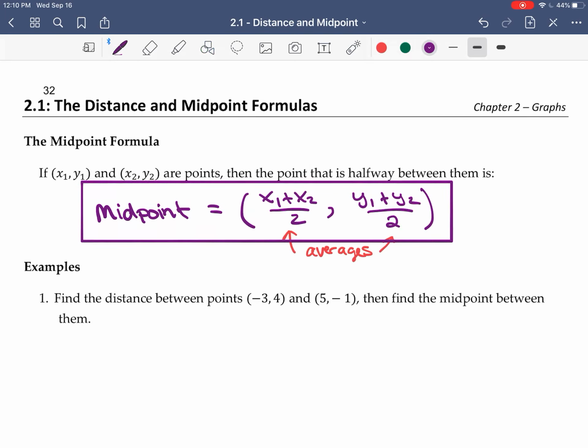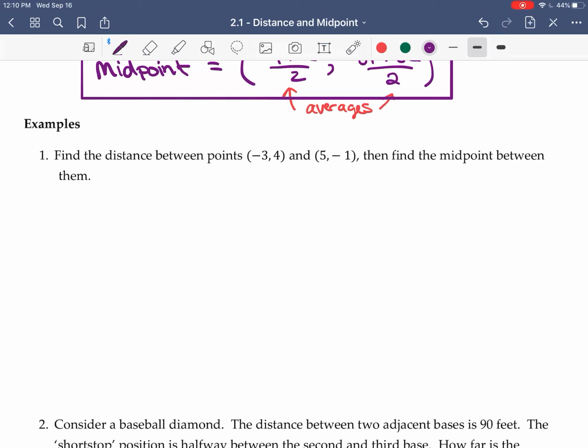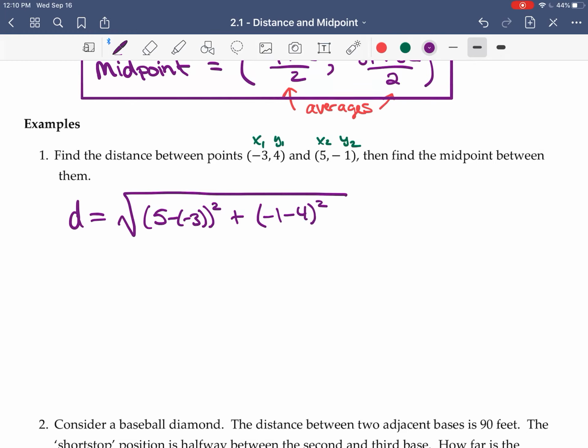So let's just use these to find the distance between 2 points and the midpoint. Okay, so first we find the distance. So I'm going to call this x1, y1 and x2, y2. So then the distance is going to be the square root of 5 minus negative 3 all squared plus negative 1 minus 4 all squared.